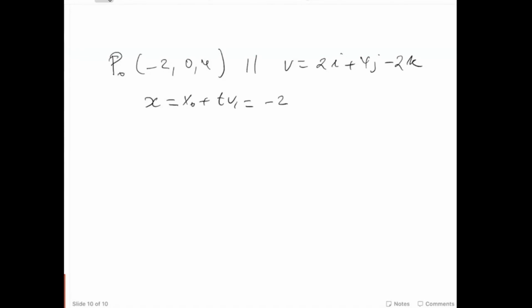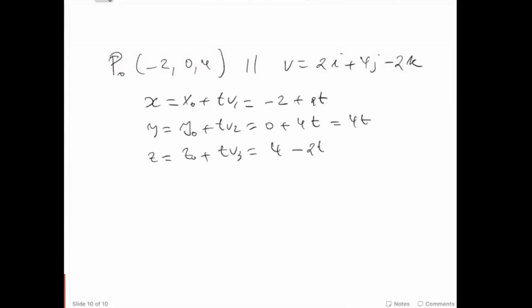This is minus 2 plus 2t. Y will be y0 plus tv2. This will be 0 plus 4t, equal to 4t. Z will be z0 plus tv3. That will then be 4 minus 2t. And that's it. These are the parametric equations of our line.